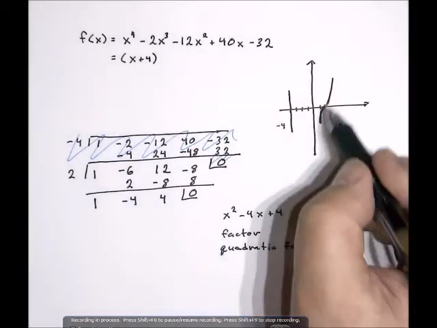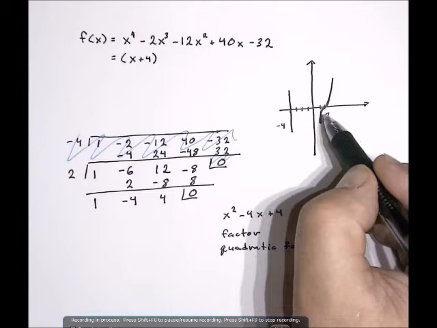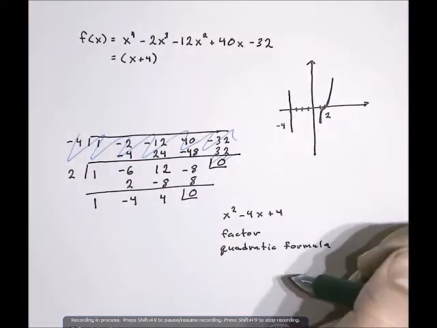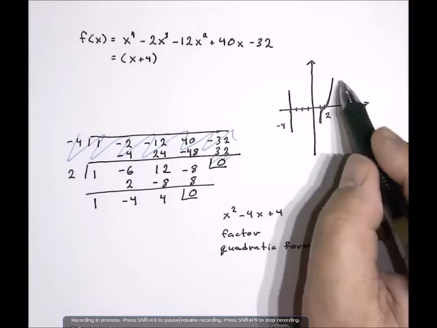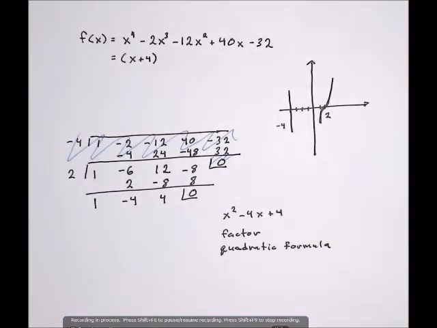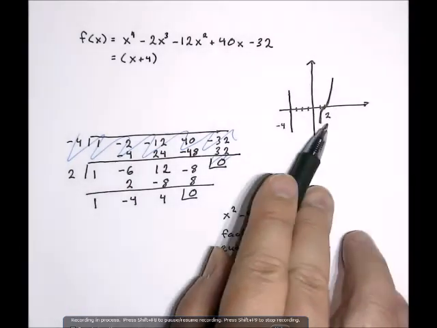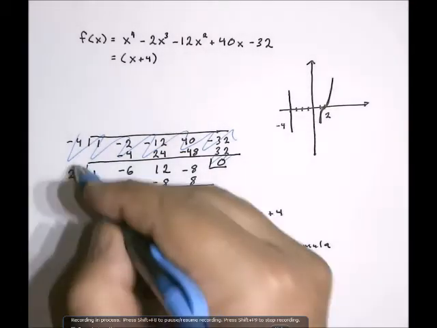And whenever you see a little wobble there, it's a good indicator that maybe the multiplicity is greater than 1. And remember, even multiplicity means it touches and bounces off. Odd multiplicity means it crosses. So it's crossing, it's wobbling a little bit. So I'm thinking this might be a 0 with a multiplicity greater than 1. So I'm going to check that out.